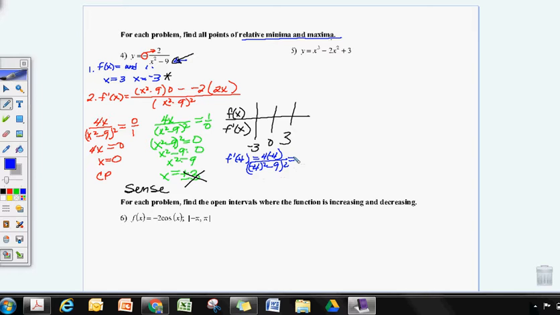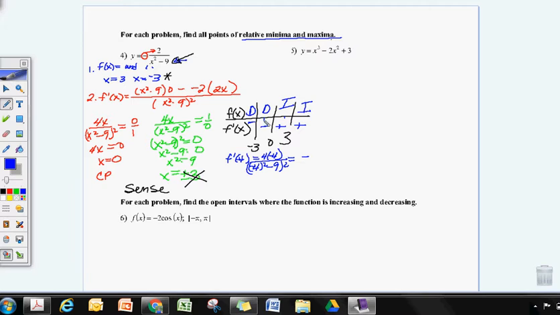And all I know is that's going to give me a negative number. So this region right here is decreasing. If I test a number in here, such as -2, it is also going to give me a negative, that's decreasing. If I test +2, it's going to give me an increasing. And if I test 5, it's going to give me an increasing.